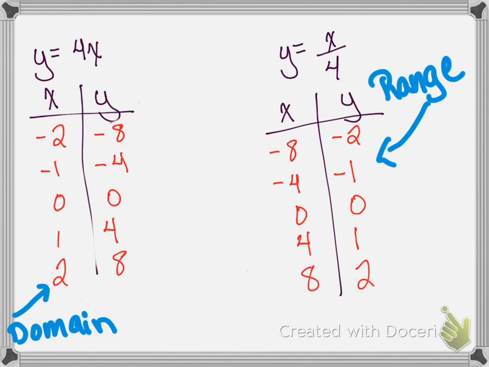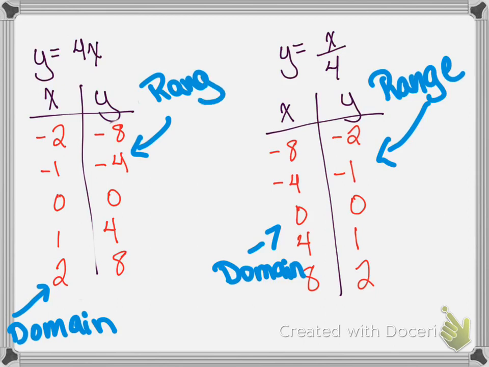Here is my domain for my inverse, and it is my range on my original. So that is how that works. They interchange with each other.